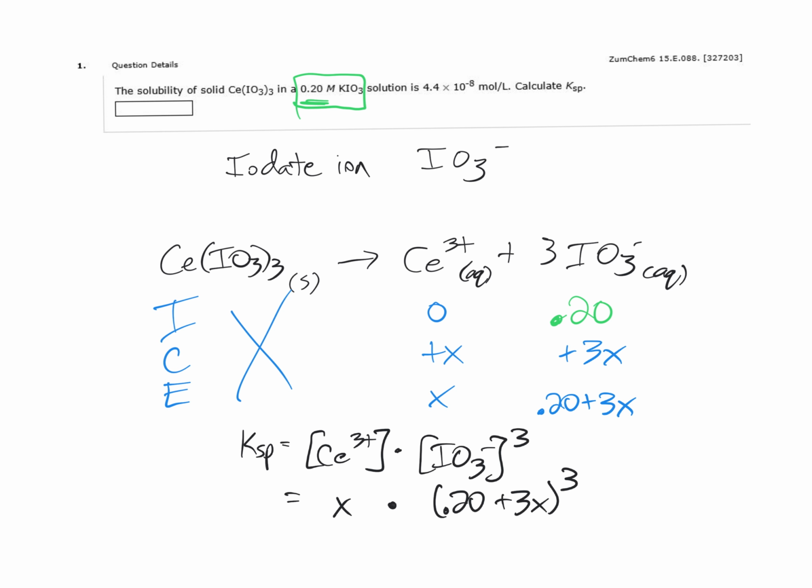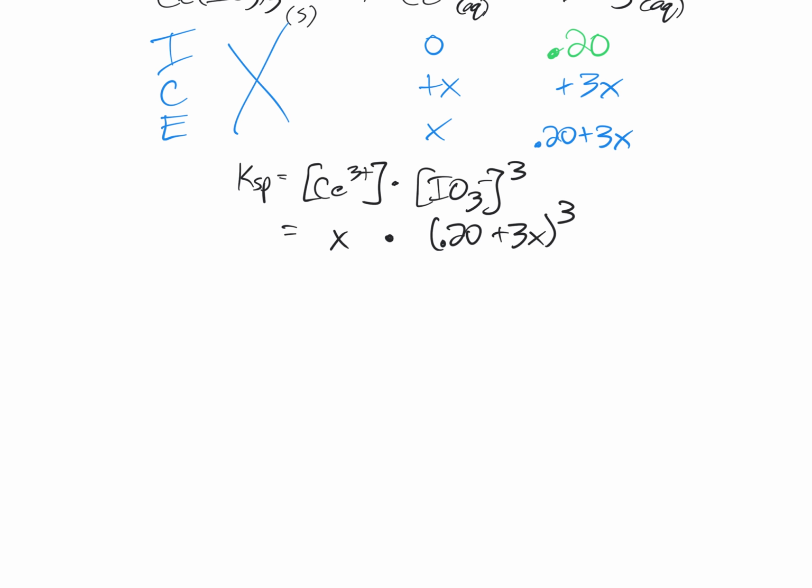Now we can plug in the information they gave us. They told us at the beginning of the problem that the solubility, that is, the value of x in the ice table, is this particular number, 4.4 times 10 to the negative 8th. So if we know that value, then we can just plug in and solve. 4.4 times 10 to the negative 8th is x.